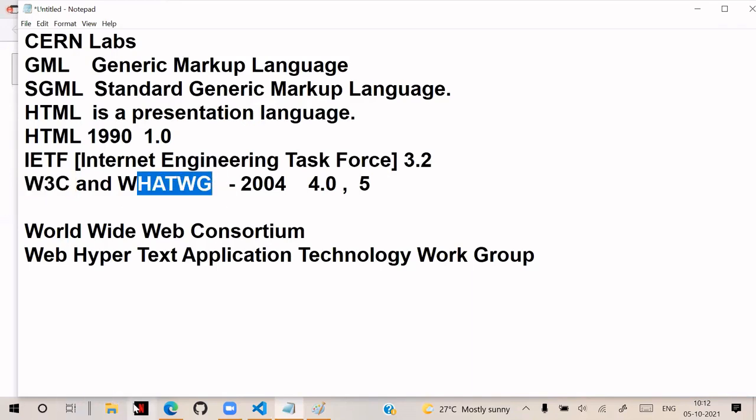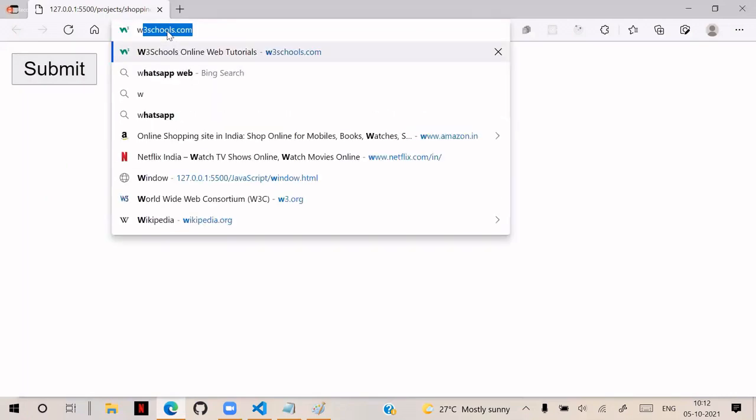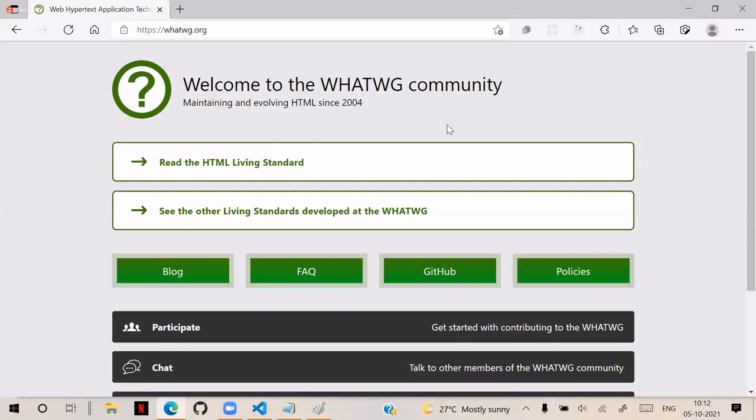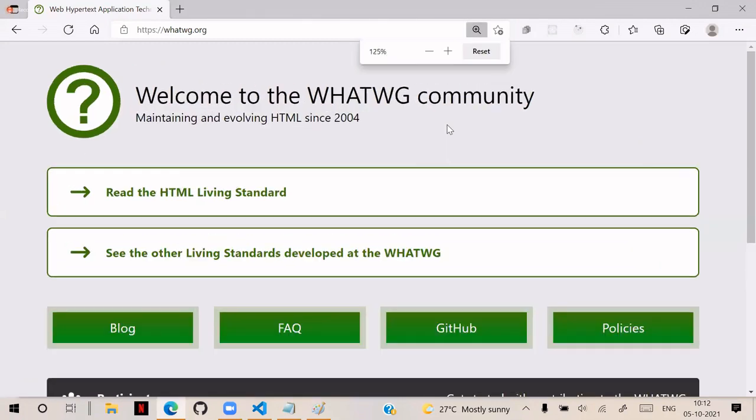You can visit the official website of WHATWG, the Web Hypertext Application Technology Working Group. They have been maintaining and evolving HTML since 2004. These are the people responsible for building HTML.